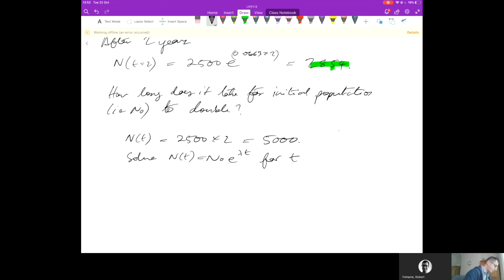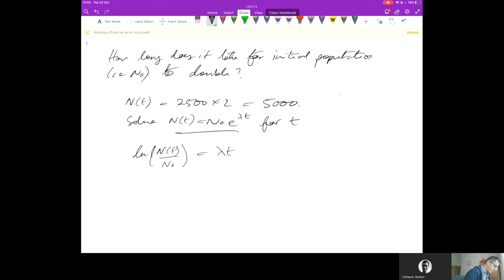So let's solve this. Let's rewrite this for t. I've already done a lot of the hard work in the very first part of the question. When I was calculating lambda, I got this far: ln of Nt over N0 equals lambda t. Now I'm working out t, so t is equal to ln of Nt over N0, times 1 over lambda.